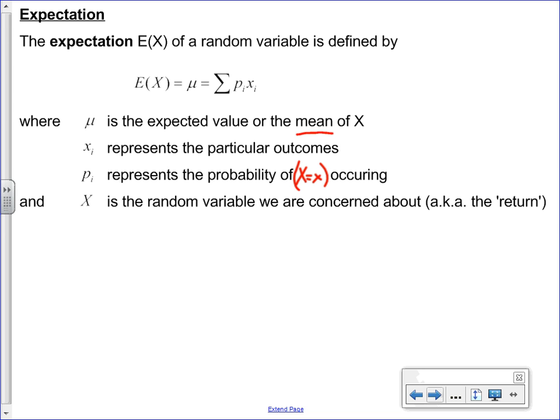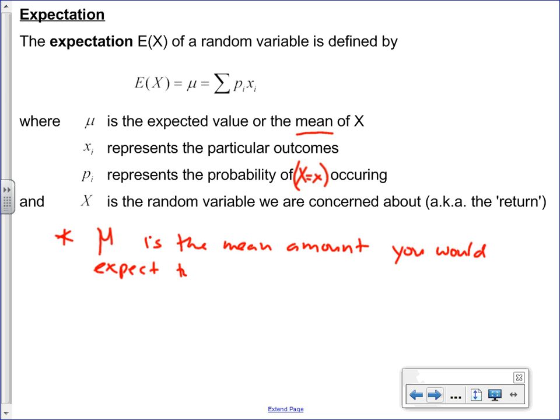Okay. Note that mu is the mean amount you would expect to win over a very long run of turns.